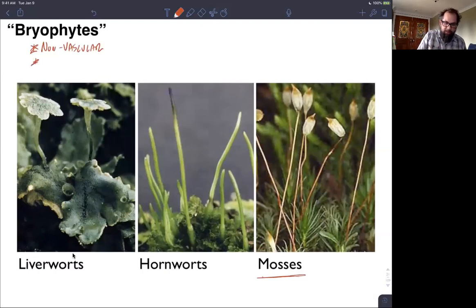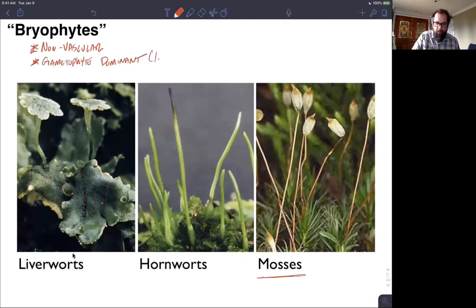When we think about the life cycle, we talked about life cycles and the alternation of generations in the last lecture. The life cycle of these is gametophyte dominant. What that means is that all of the green tissue, the body of the organism in these liverworts or in the hornworts or in the mosses, all the green tissue, that is all gametophyte tissue.